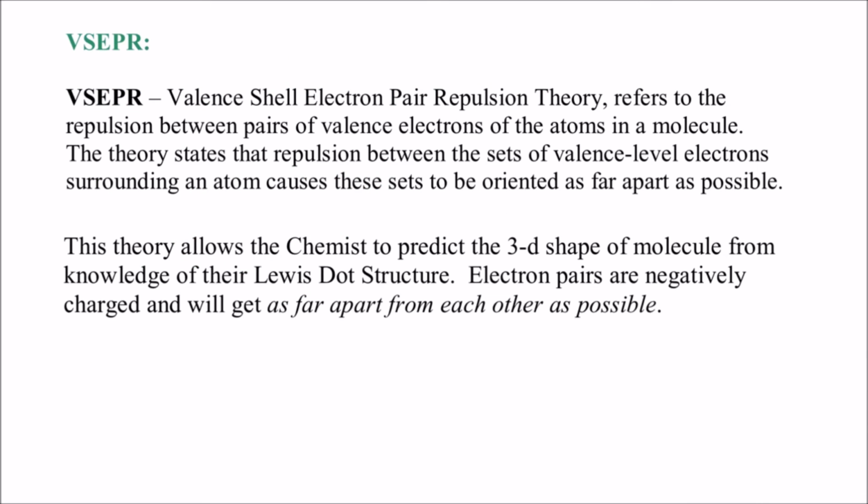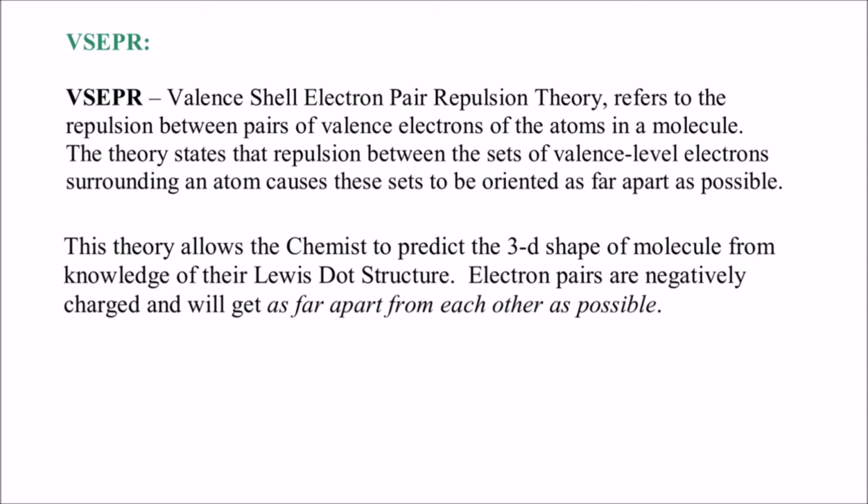The next thing we're going to talk about is VSEPR, which stands for Valence Shell Electron Pair Repulsion Theory. This is talking about the repulsion between electrons of adjacent atoms in a molecule, and because of that, it forces the molecule into specific geometric shapes so that those electrons can get as far away from each other as possible.